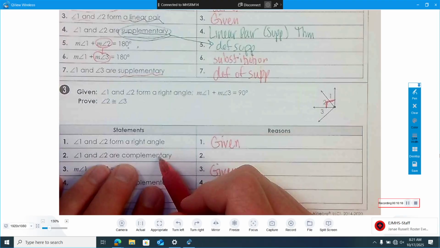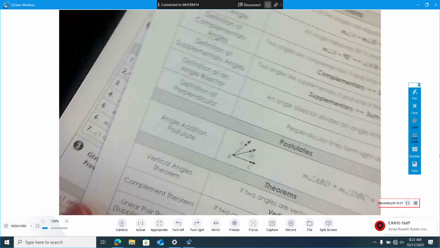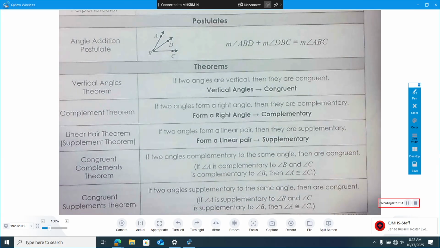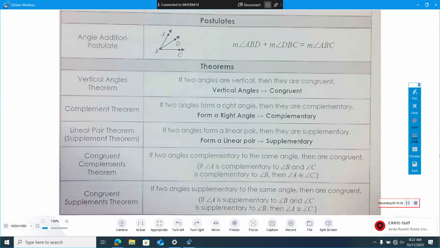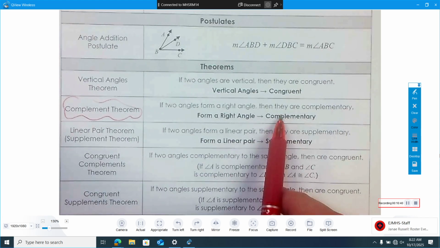And therefore, I can say that angle 1 and angle 2 are complementary. Let me look back at my reference sheet, because I don't know. Let's see. Right angles and complementary. If you turn the page back, do you see something where it says right angles and complementary? Oh, there it is, the complement theorem. If they form a right angle, then they're complementary.